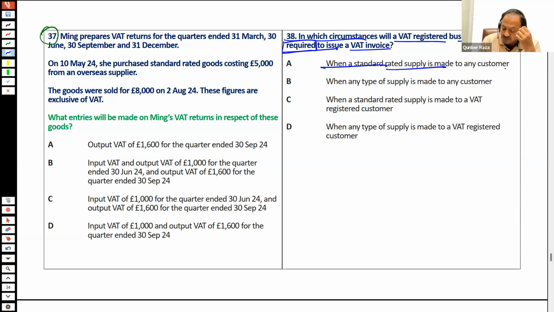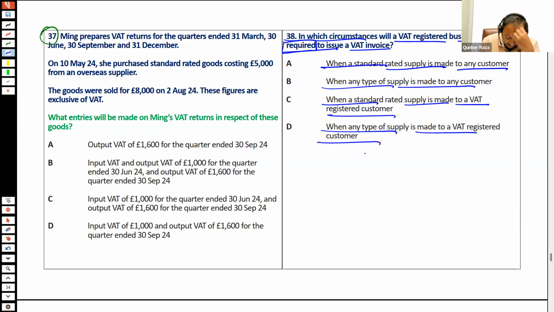When standard rated supplies are made to any customer, when any type of supply is made to any customer, when standard rated supply is made to a VAT registered customer, when any type of supply is made to a VAT registered customer. Exactly this question was in your VAT notes as well. You just need to recall from your VAT notes.